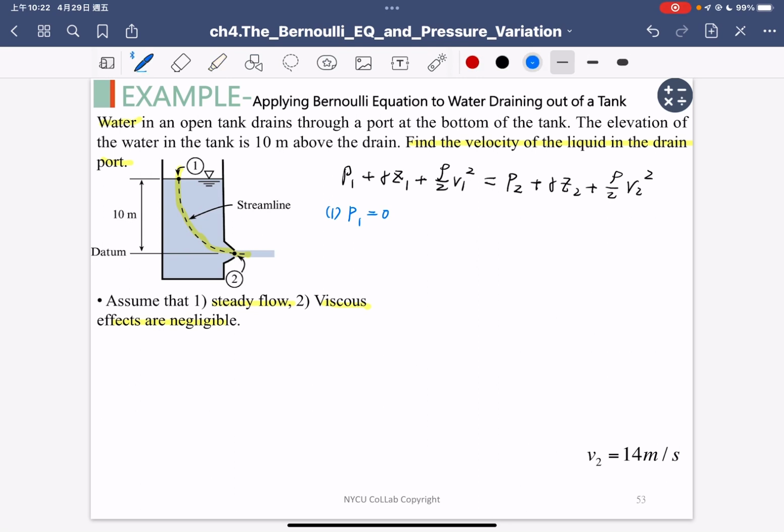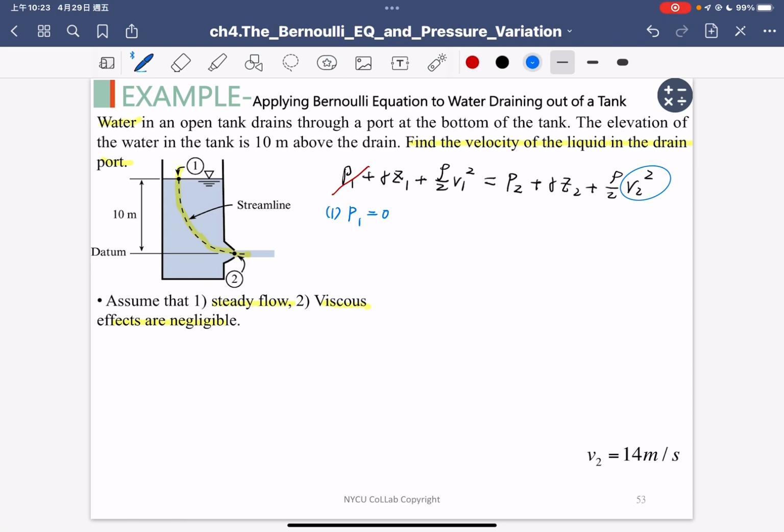We don't know V2, so we need to find how large V2 is. We keep V2 on the right-hand side and move all of the other parameters to the left-hand side. By condition 1, we can remove P1.